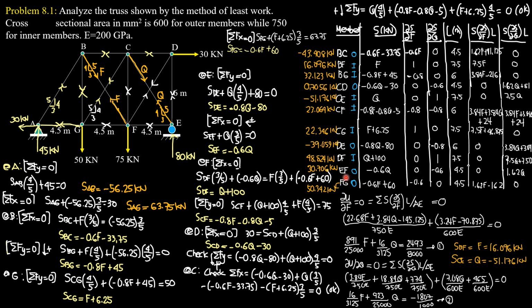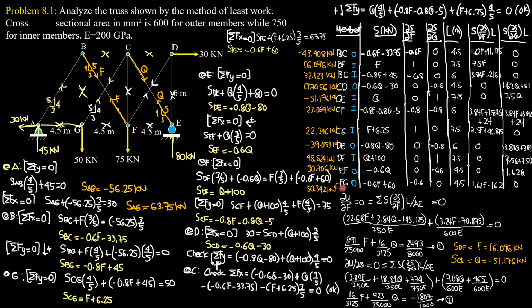Then EF is SEF, negative 0.6Q. Partial derivative of S with respect to F is 0, with respect to Q, negative 0.6. Length 4.5, so S, partial of S with respect to F times length is 0, while S, partial of S with respect to Q times length is 1.62Q.